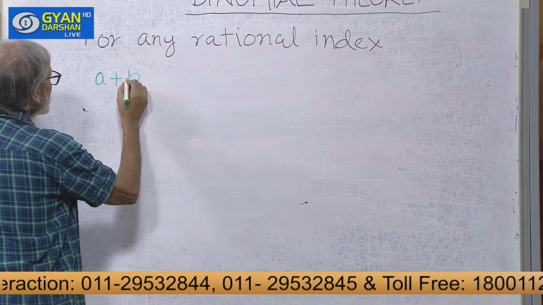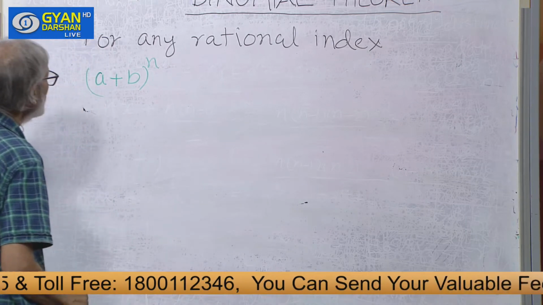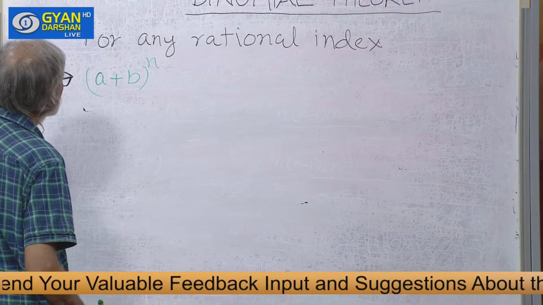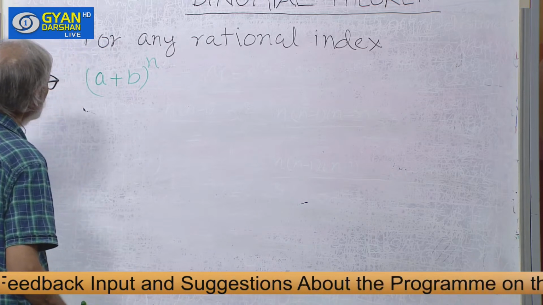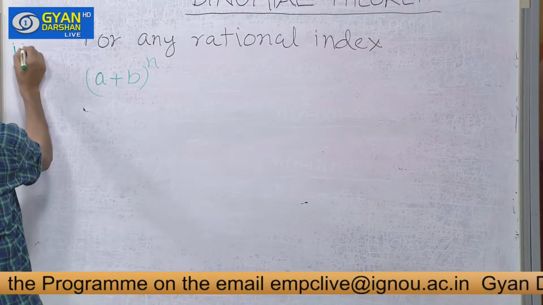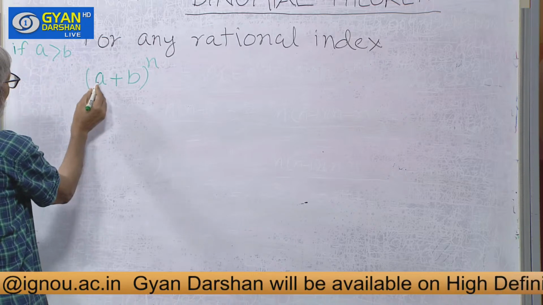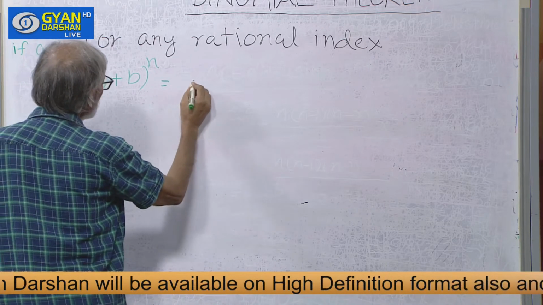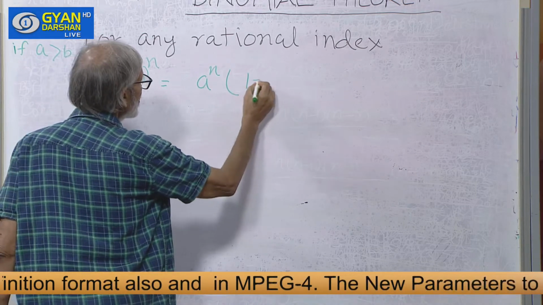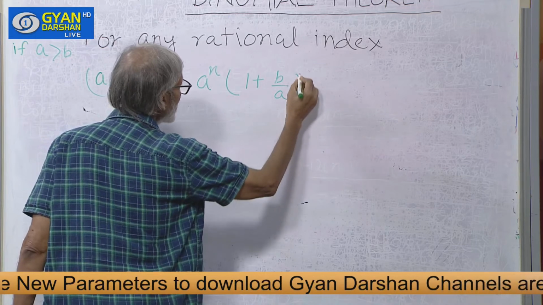A plus B. So suppose that in A and B, suppose that A is greater than B. If A is greater than B, then you take A outside, so it will be equal to A^n (1 + B/A)^n.